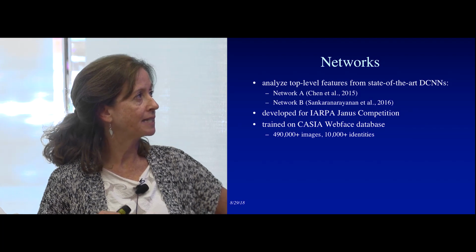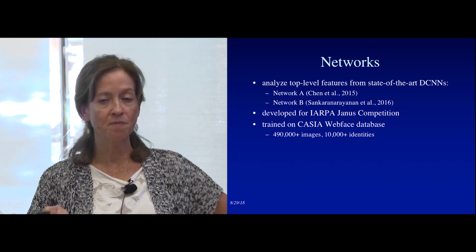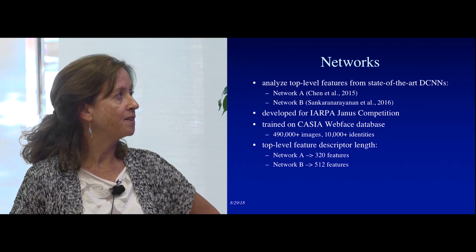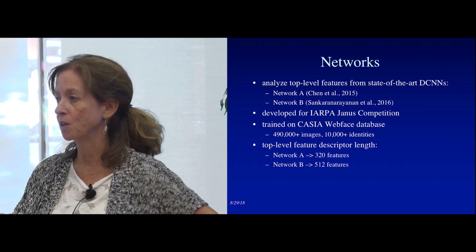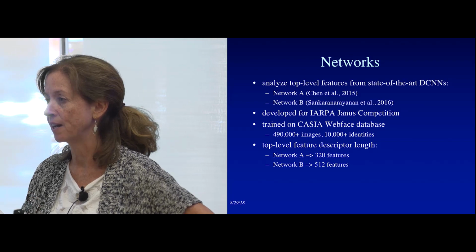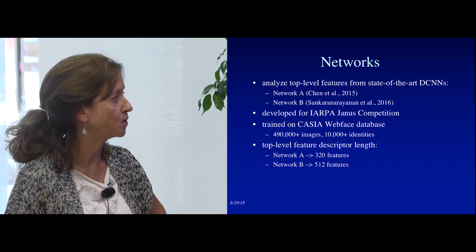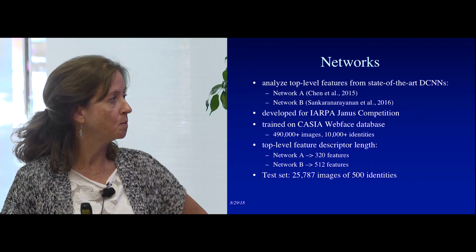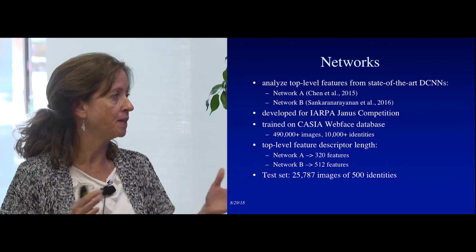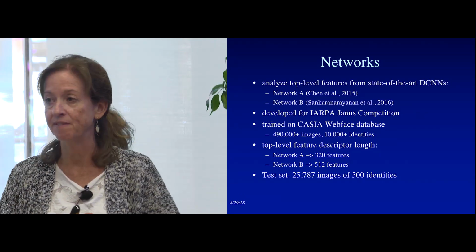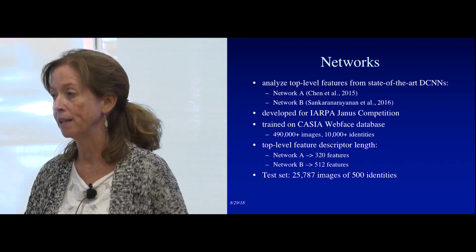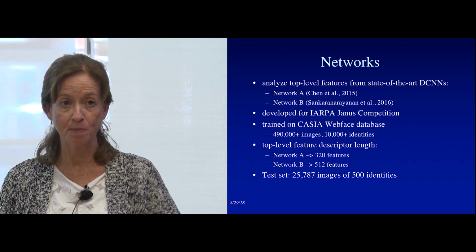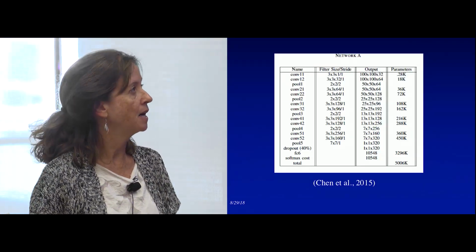They were trained on the CASIA web-based database, roughly 500,000 images of 10,000 identities. And the top-level feature descriptors here are 320 features out of Chen's network and 512 out of Swami's net. And the test set of images we're going to be visualizing is roughly 25,000 images of 500 identities that were not learned by the network. We're using the network as a filter to just show the representations that come out.